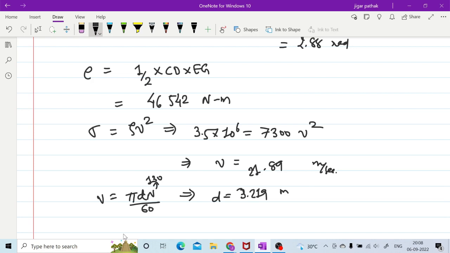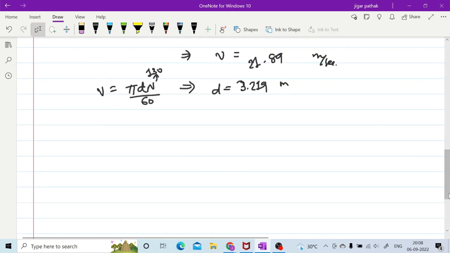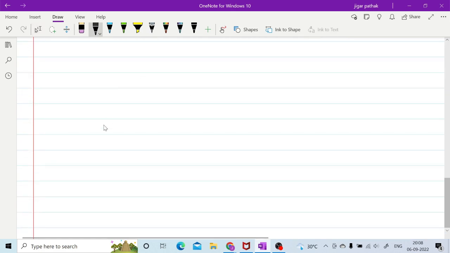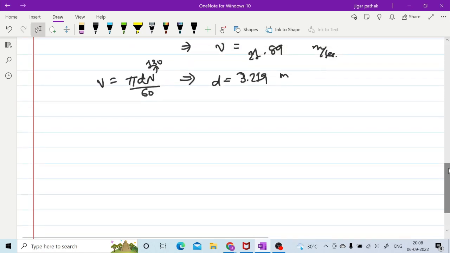Now once you are having this, the energy stored, whatever we have calculated, this E is for the overall flywheel. Now if you talk about the rim, because we are about to calculate the rim dimensions, this E is for the whole flywheel. If you talk about the rim only, then you have to divide this by 1.1, because it is given in your problem statement.